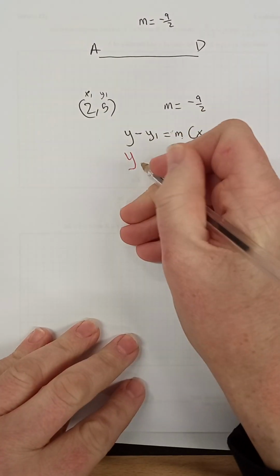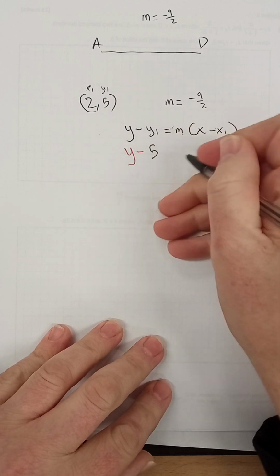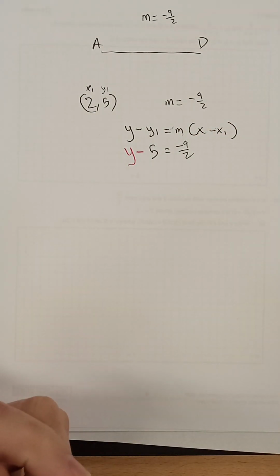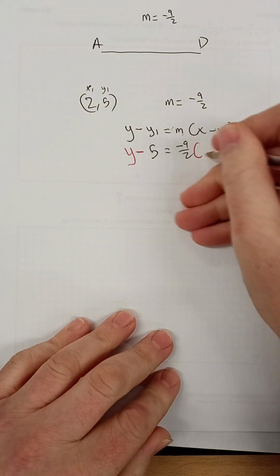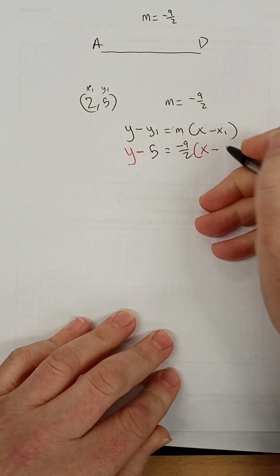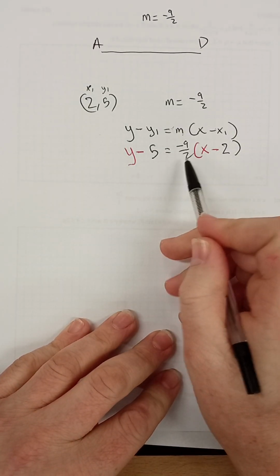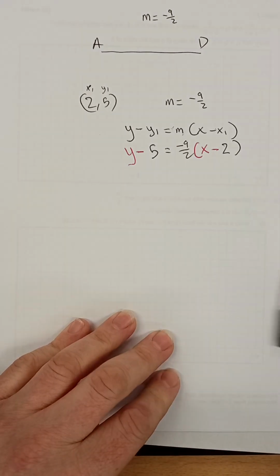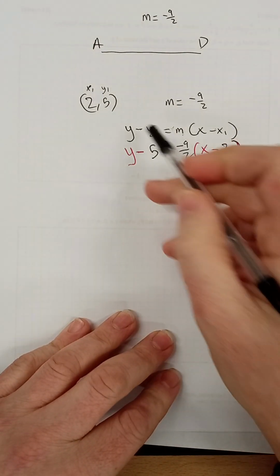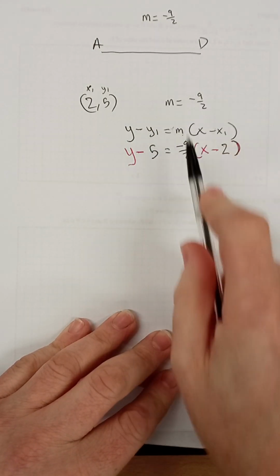The y stays the same, that stays the same. I'm putting in a 5 is equal to minus 9 over 2. The bracket stays the same, the x stays the same, the minus stays the same, and then put in the 2. So anything in red stayed the same from the formula. Anything in black was what I moved in from my pair and my slope.